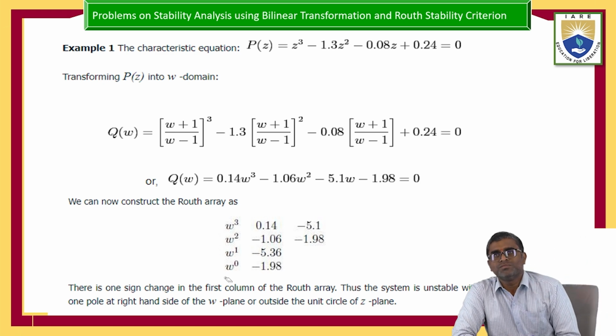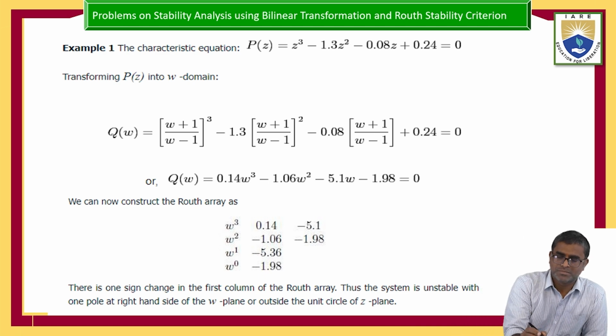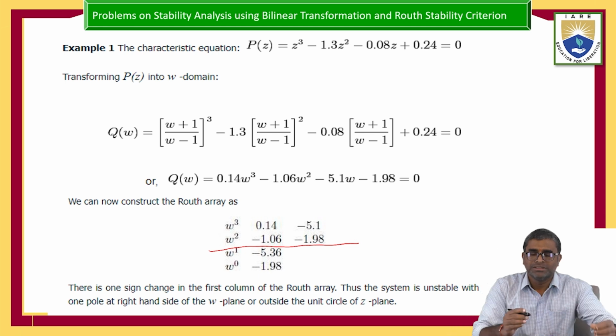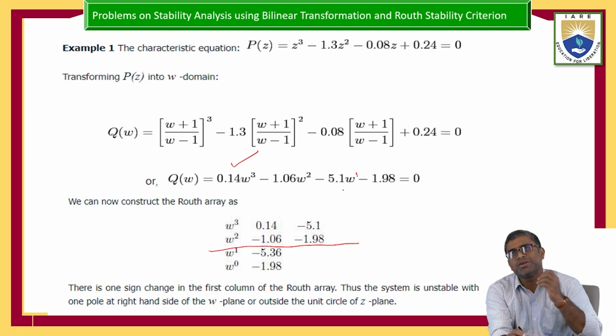From the characteristic equation, we get the omega cube value. We write down the omega cube and omega square rows first. Omega cube is the odd power, so we take the odd power values here: 0.14, and then the coefficient of omega 1, which is minus 5.1.